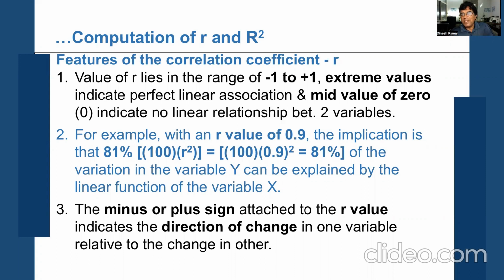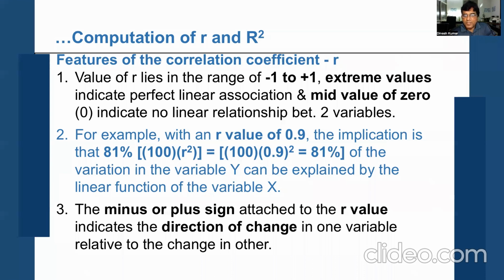Here 81% is because of x, but 19% may be due to some other sources, and that we do not know. Therefore, 19% will go to the error or residual.